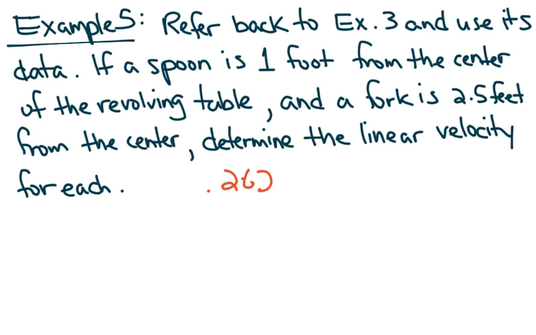Now to finish off this problem, if a spoon is 1 foot from the center of the revolving table, in other words, if the radius is 1, and a fork is 2.5 feet from the center, the radius is 2.5, determine the linear velocity for each.